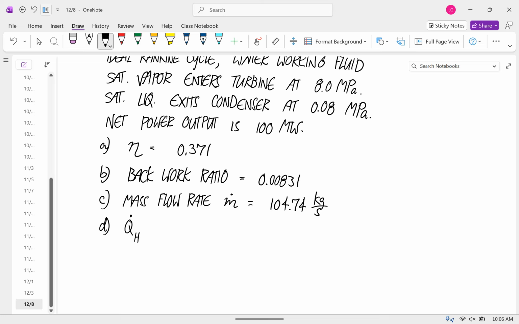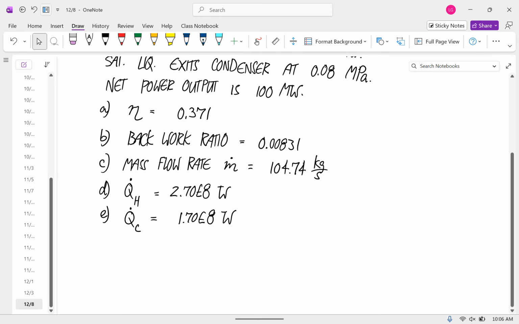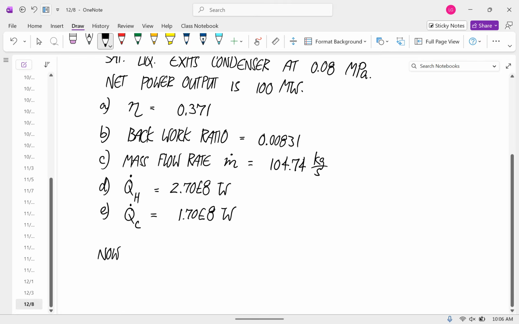The rate of heat entering at the boiler, entering the working fluid, is 2.70 times 10 to the 8 watts. And then the rate of heat leaving the working fluid at the condenser, we got 1.70 times 10 to the 8 watts. Okay, and now we want to ask one more question.